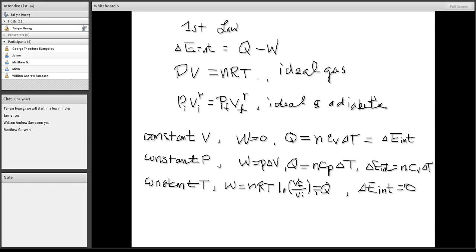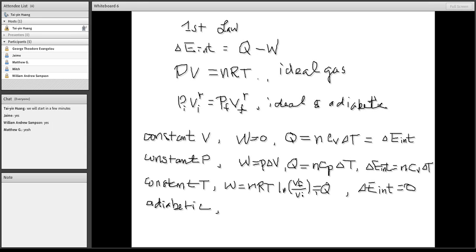Now, when you have an adiabatic process, which means that there's no Q, so your Q must be equal to 0.